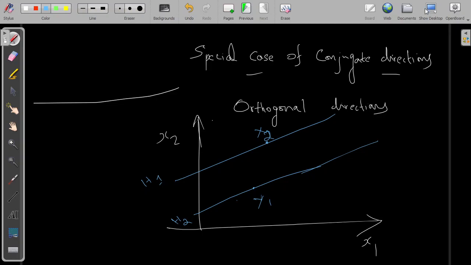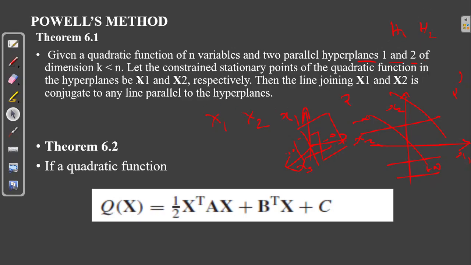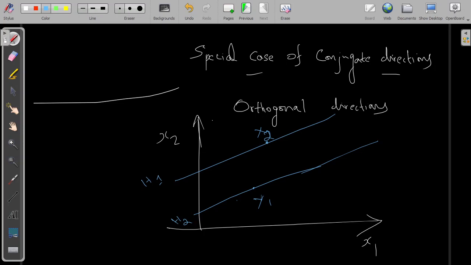So what the theorem says is that the line joining x1 and x2 will be the conjugate direction to any line parallel to that hyperplane. That means the line joining x1 and x2 is like this, that is x2 minus x1.